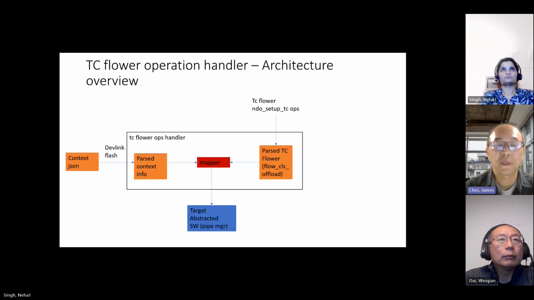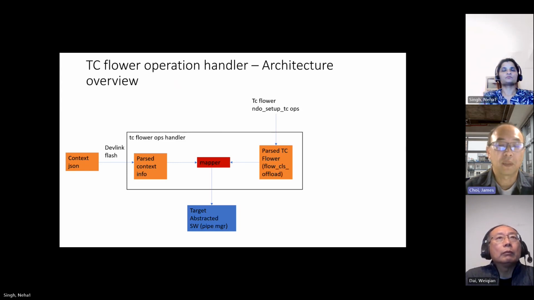If we can go to the next slide, this diagram is showing visually what we just talked about, which is that there's a mapper function in the handler, the NDOT setup handler. And that mapper function is set up through the parsed context.json info that is fed through the context.json file.